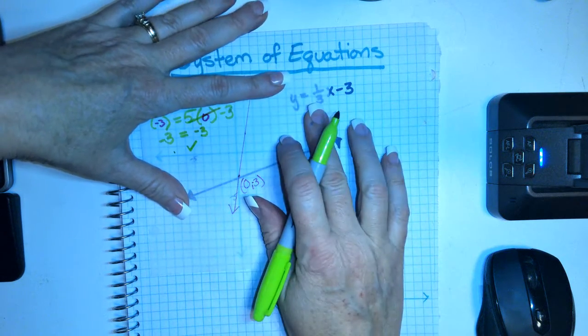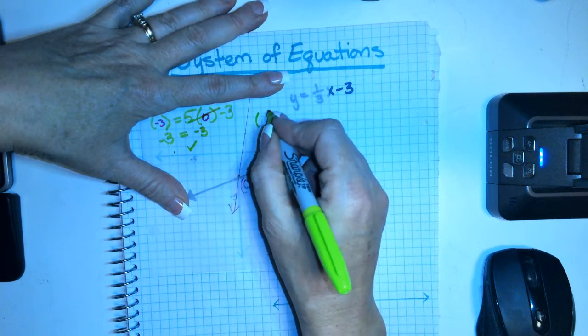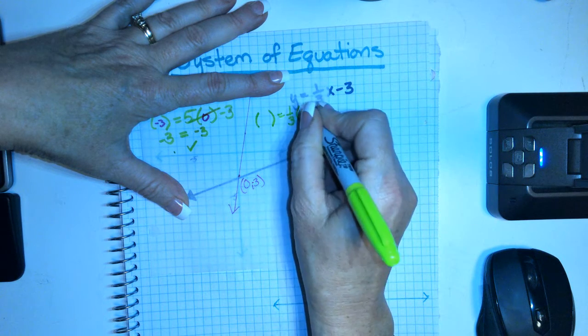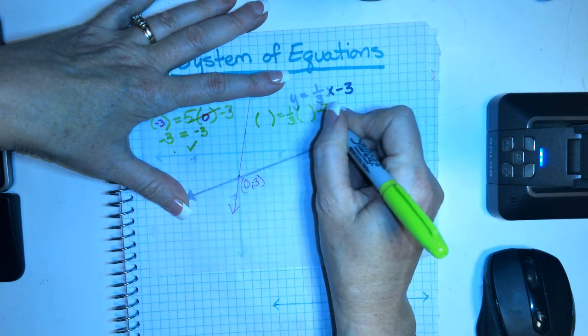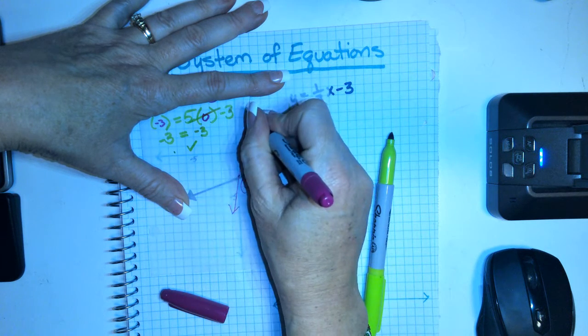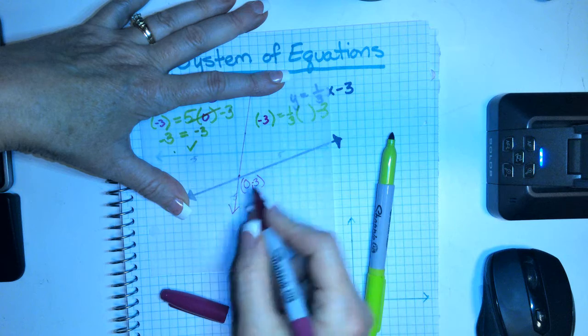On this side here, I have y equals 1/3 times x minus 3. And then again, I'm going to fill in my x and y values for that. So my y value here is -3. My x value is 0.